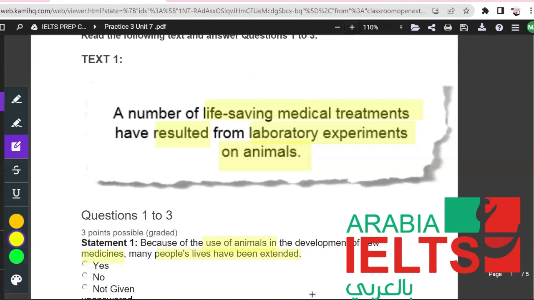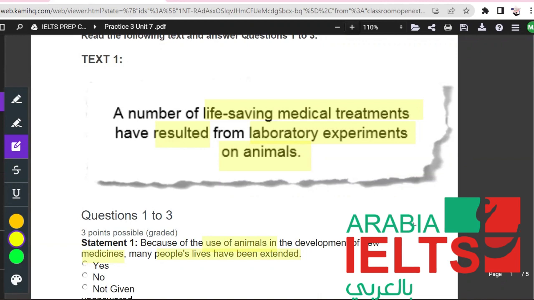If not, no. If there are no ideas that match, then it's not given. I think yes. Correct. Great job. Well done. So this idea agrees with the idea of the writer. I'm talking about opinions and ideas.